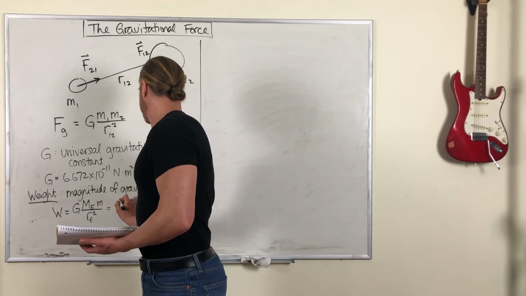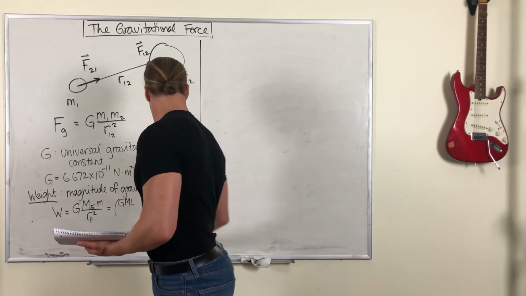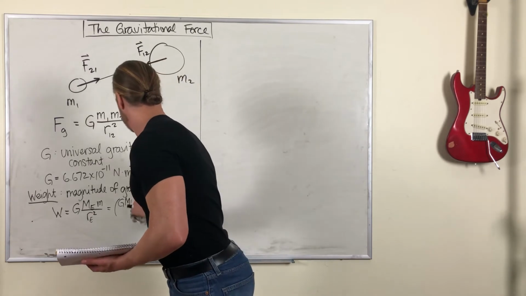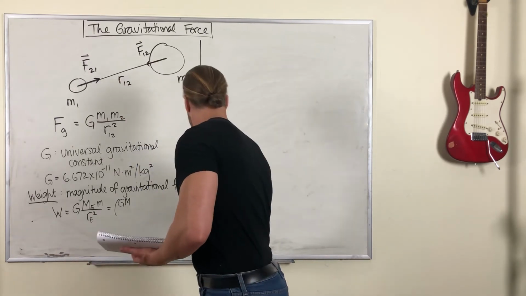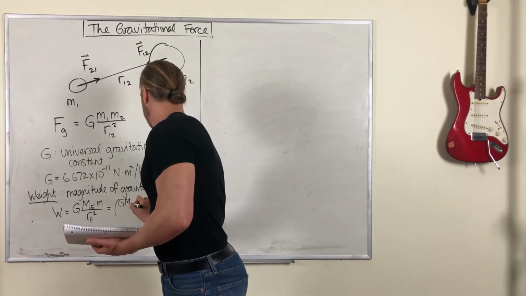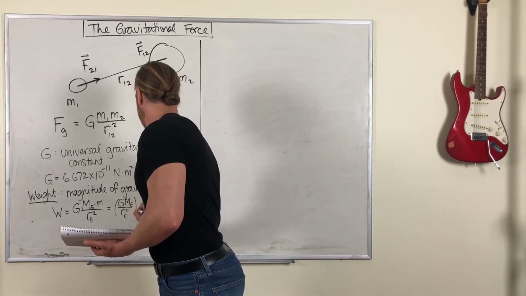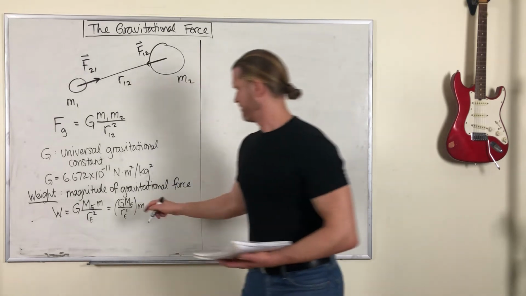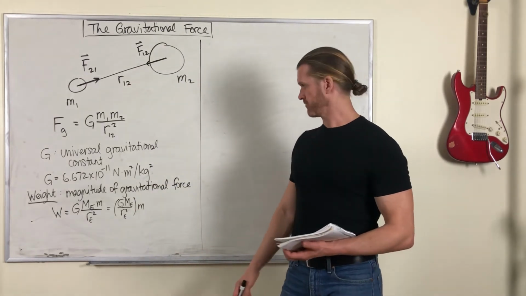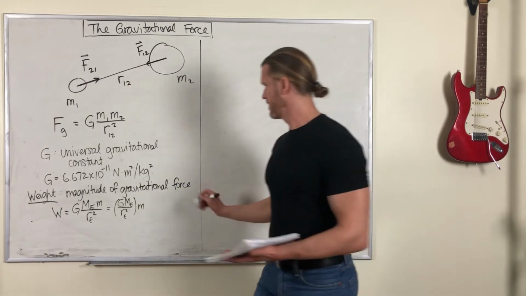And you can write this as G times the mass of Earth divided by the radius of Earth squared, times the mass of the object you're interested in.